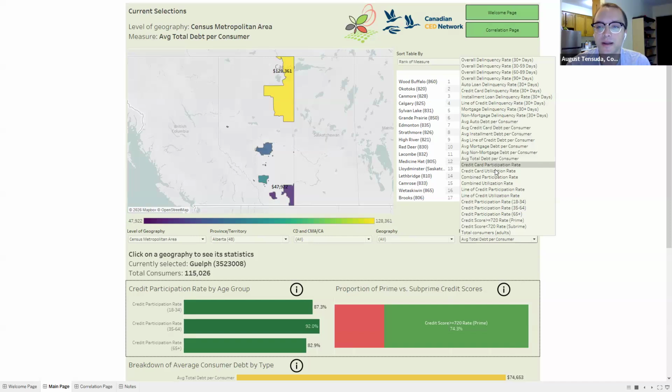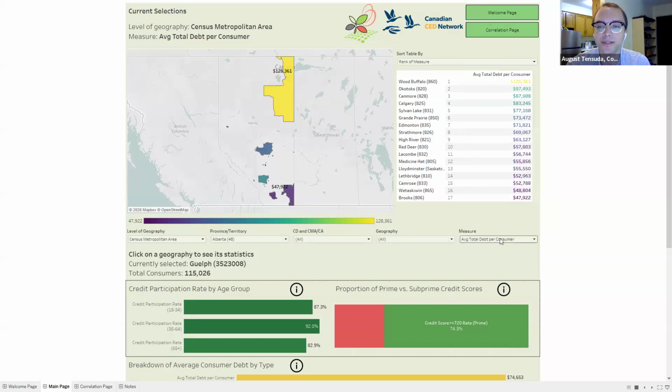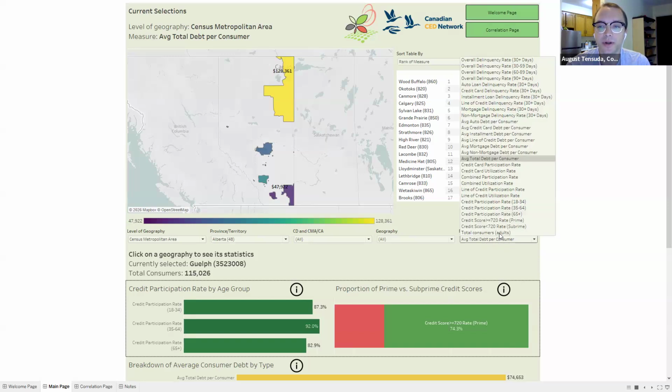Credit card participation rate and credit card utilization rate, which I'll define a bit better in a moment. Line of credit participation rate, line of credit utilization rate, credit participation rates per age bracket, credit scores above prime or equal to prime, and then credit scores below prime, and then just total consumers. Total consumers is just going to be a proxy for population pretty much, but it's still good to have there.